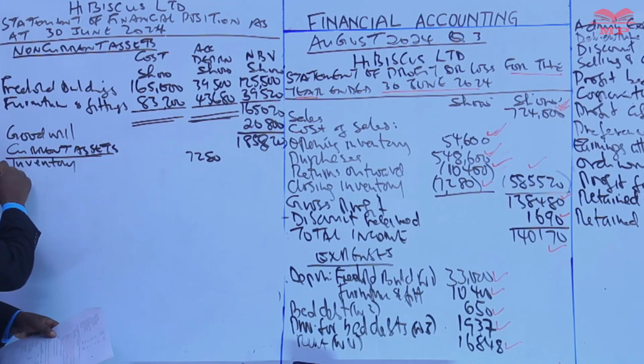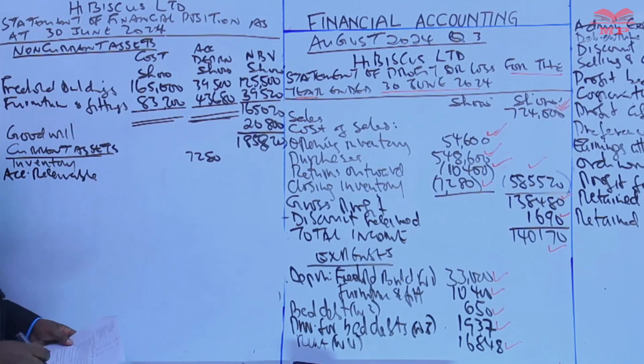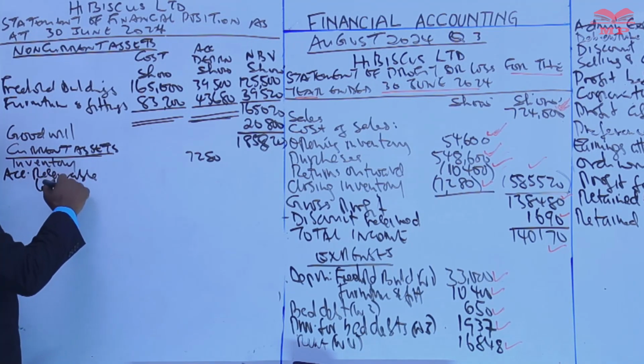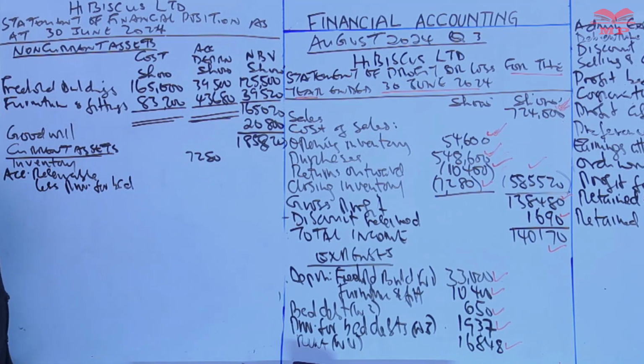Then we have accounts receivable, which we calculated. Those are the workings for accounts receivable. How much was it? Give me the balance on accounts receivable. We deduct the provision for bad debts, the one at the end.